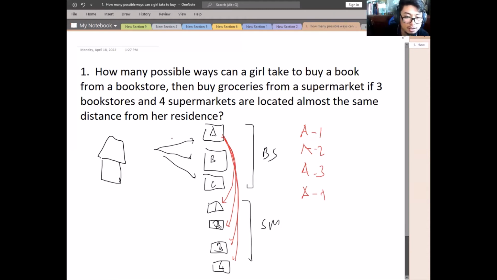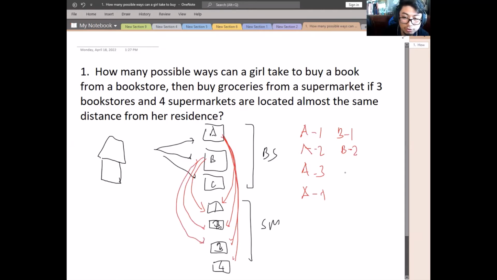Let's say the second way is she will go first to bookstore B, and then to the supermarket. First she will go to bookstore B and go to supermarket 1, and so forth. She will go to bookstore B and go to supermarket 2.